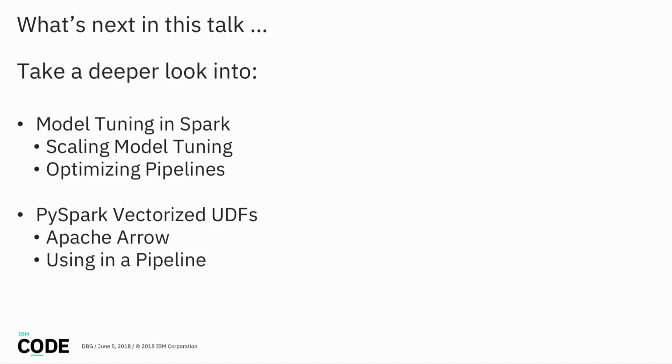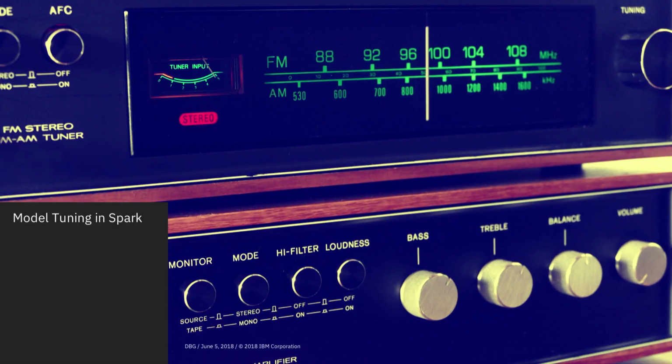And I'll talk a little bit about how we're using Apache Arrow and Spark, and show you how to convert your Pandas UDF into a pipeline that you can use in your SparkML framework.